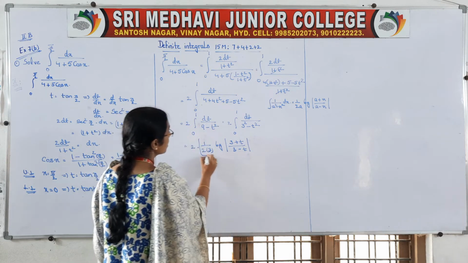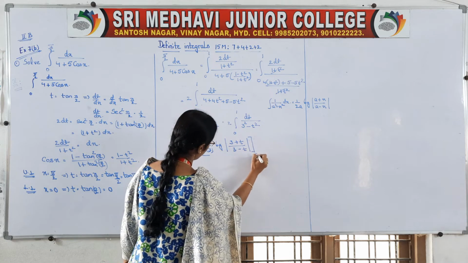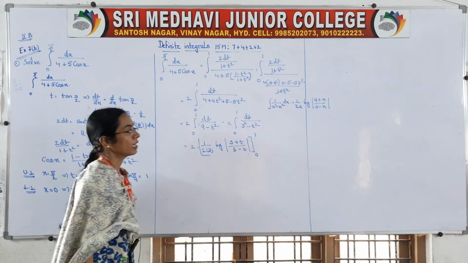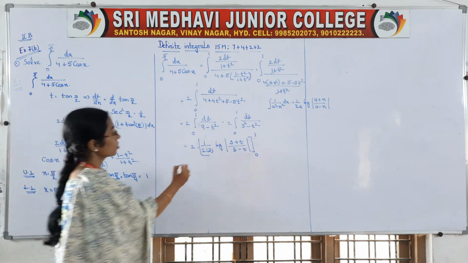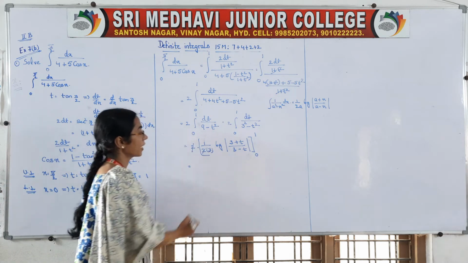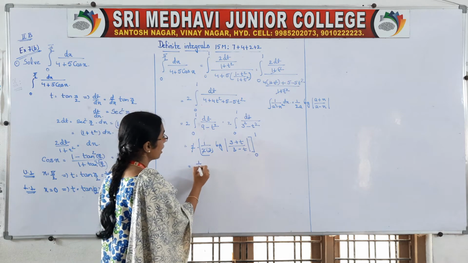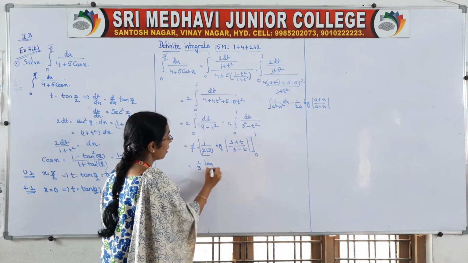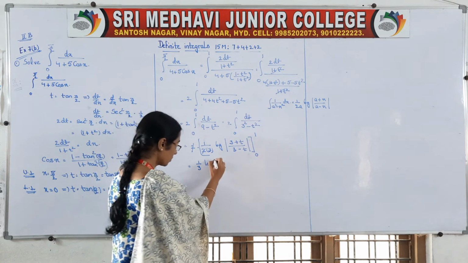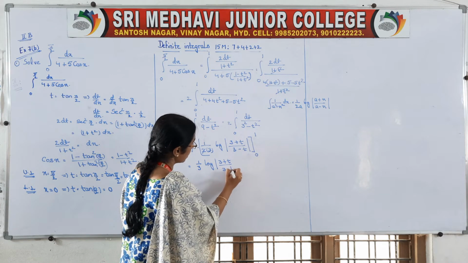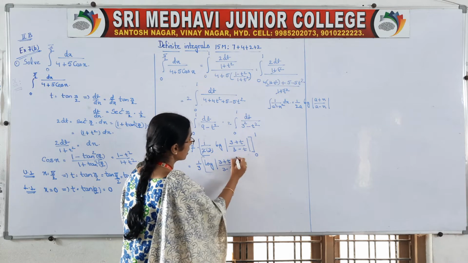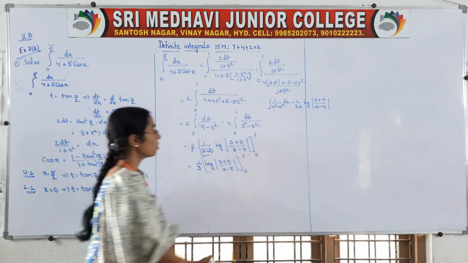Once the integral formula is applied, we have to take the limits on the right side. So here 2 cancels, then we will have 1 by 3 log of 3 plus t by 3 minus t. Okay, so the limits are 0 to 1.